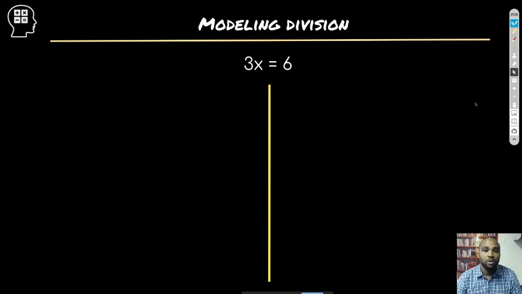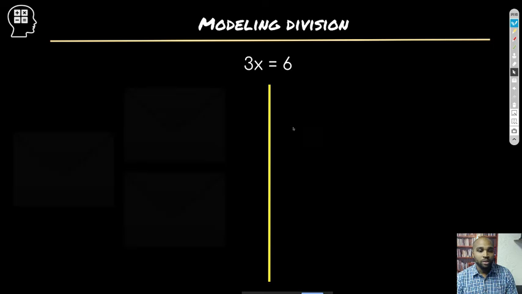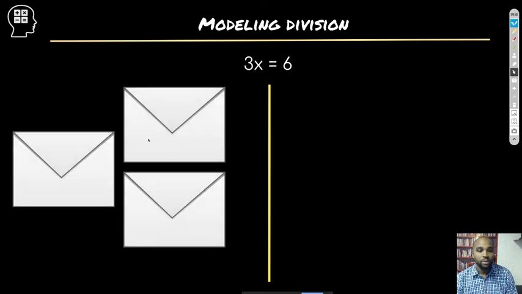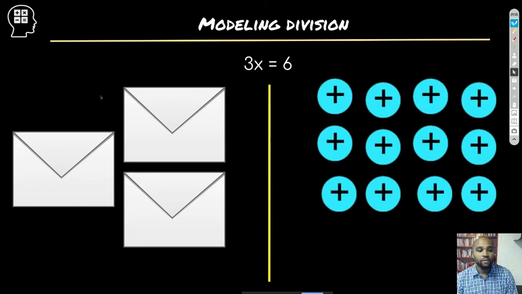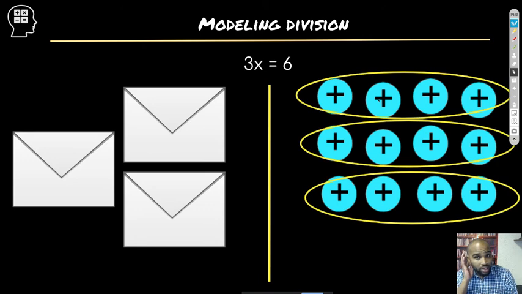The same thing will hold true for this problem, and I know you probably know how to solve this pretty quickly, but I want to model it for you, because as we get to the actual problems, it'll make more sense. So we have 3 envelopes, but we don't know how much is in each. We have 6 counters over here. If we're going to divide these into 3s so that I can have 1 envelope each, I'm going to divide the right side into 3s. Here's one way I can divide it.